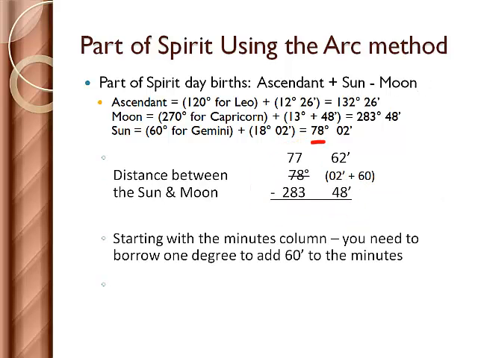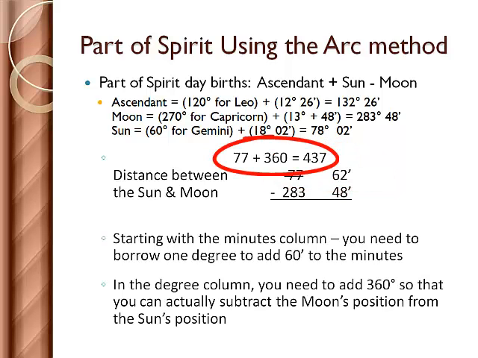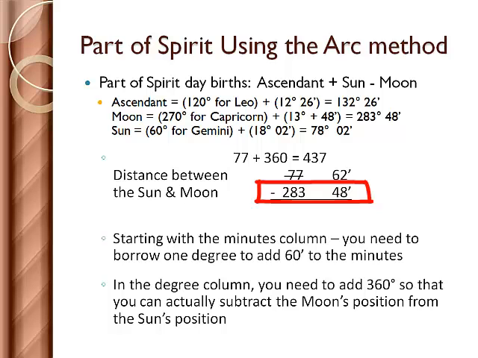First, take a degree from the degree side and add it to the minute side. That becomes 77 degrees 62 minutes. Then we borrow 360 degrees and we add it to the degree side. So we add 360 plus 77 to give us 437 degrees. Now we can actually subtract the position of the moon at 283 degrees 48 minutes.